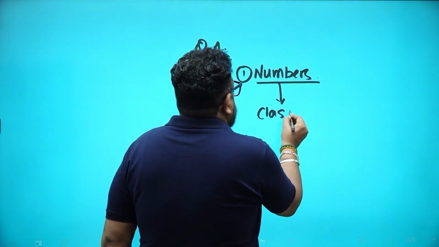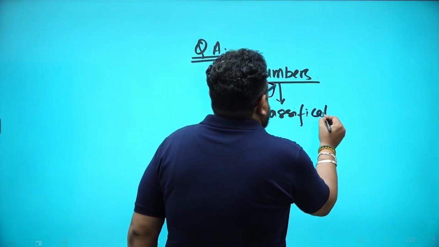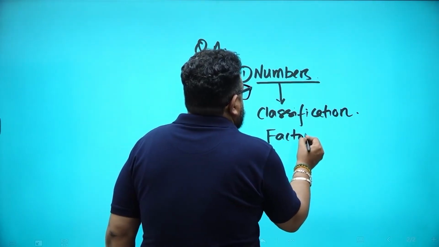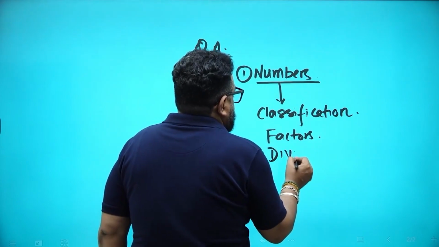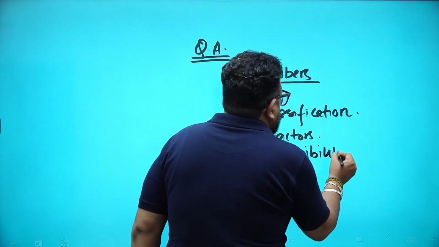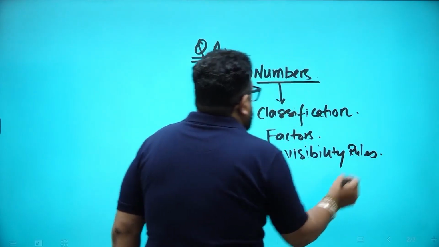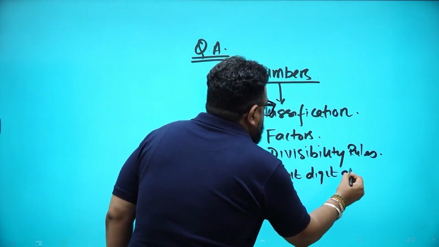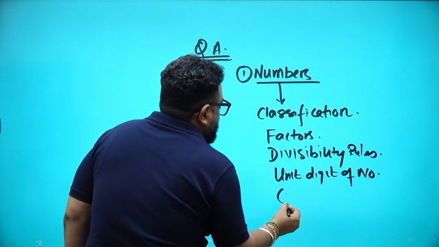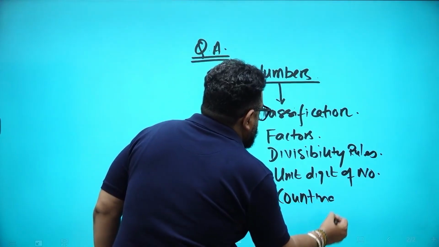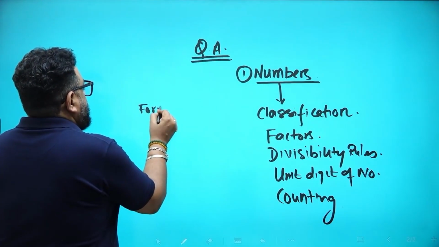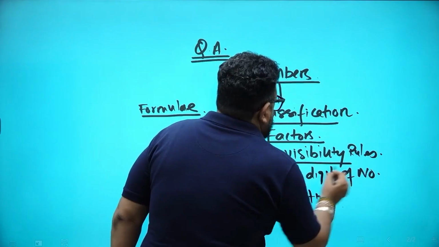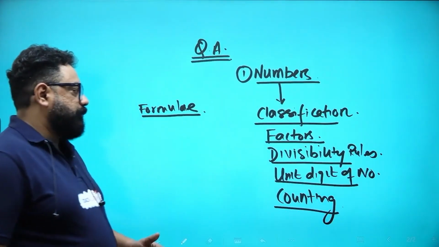Classification of numbers, factors, divisibility rules, unit digit of a number, basic counting fundas, formulas. These are the major ingredients when we talk about numbers, right?